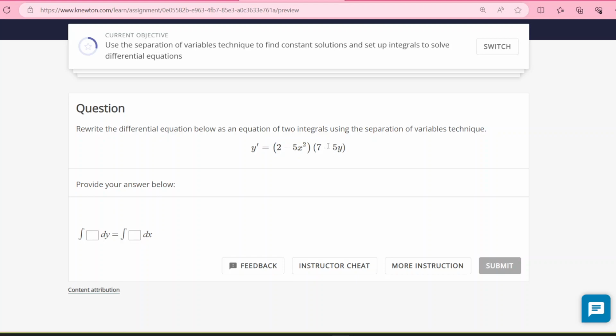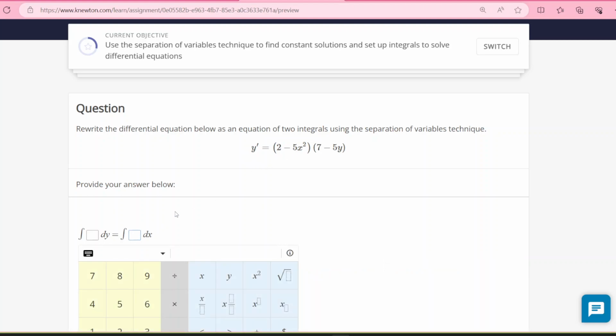Well, I'm going to put the function of y underneath the dy over here on the left and move the dx to the right with 2 minus 5x squared. So with the dx on the right side, you'd have 2 minus 5x squared. And then with the dy, you'd have 1 divided by 7 minus 5y. And that would be that.